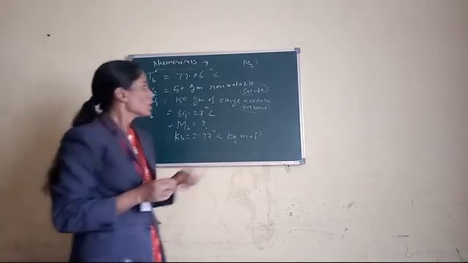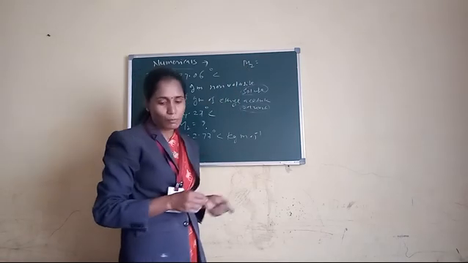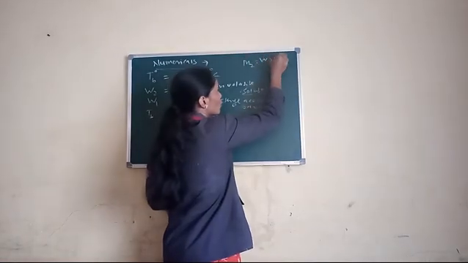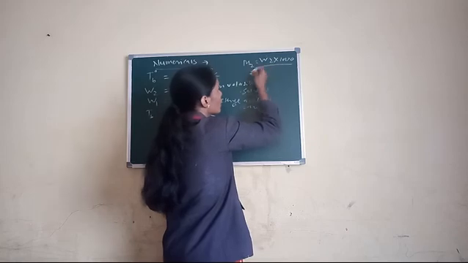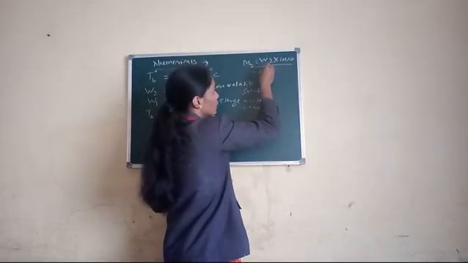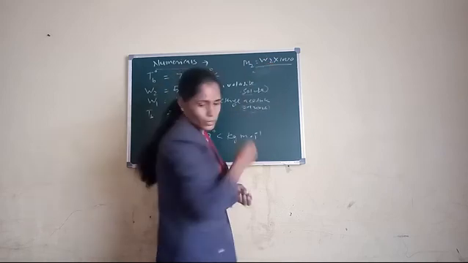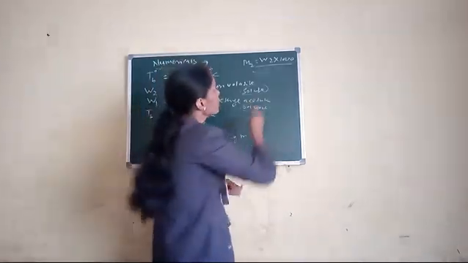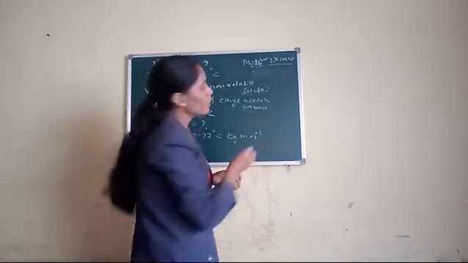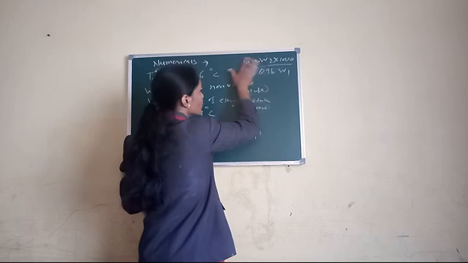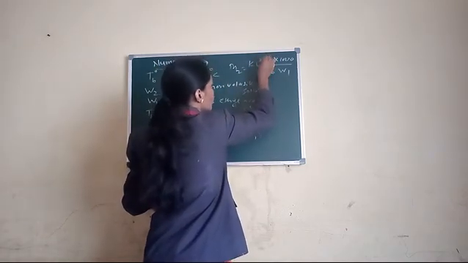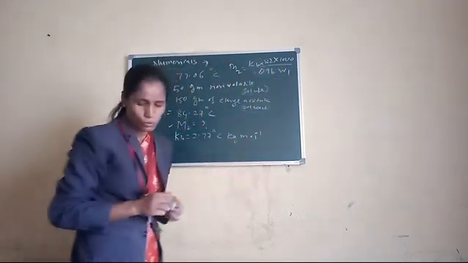In the last topic we already derived the formula for M2: M2 is equal to KB into W2 into 1000 upon delta TB into W1.